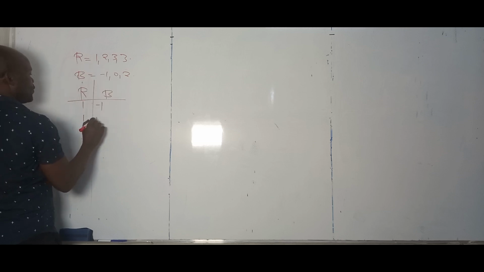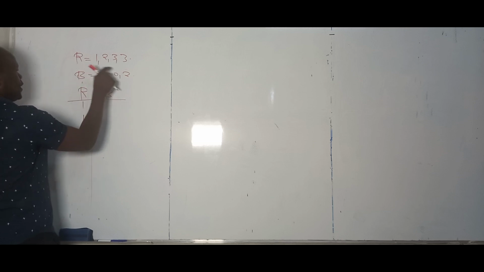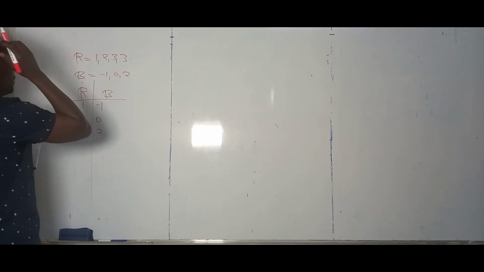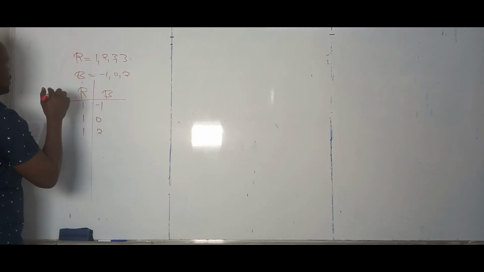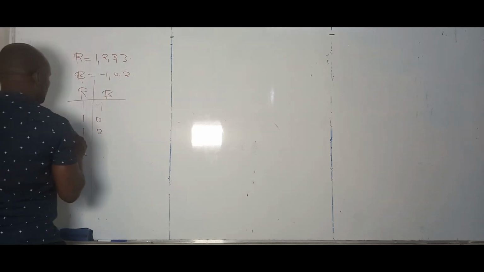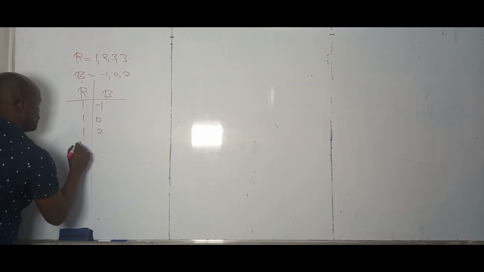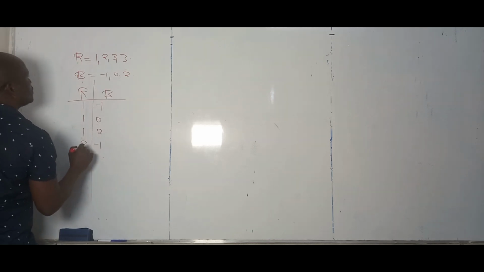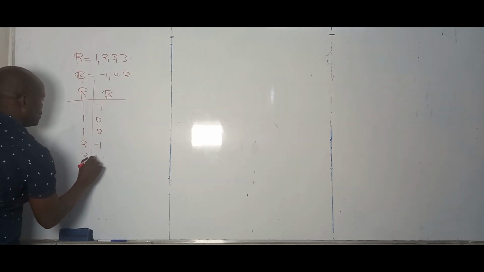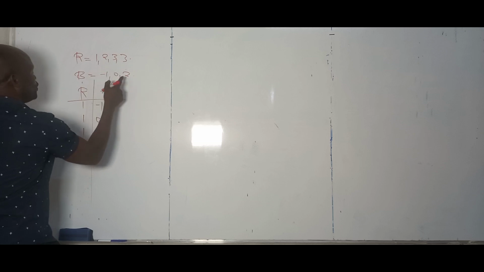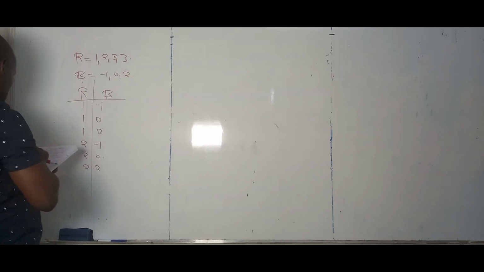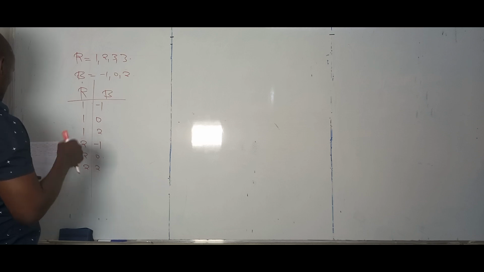Those are the possibilities for 1. Then I come to 2: 2 and -1, 2 and 0, and 2 and 2.